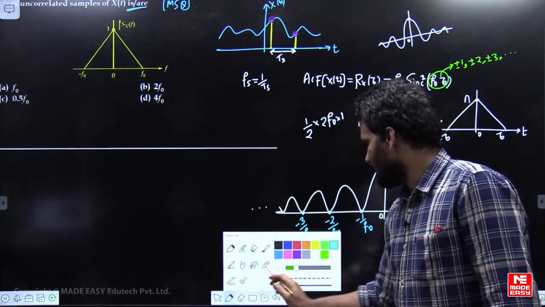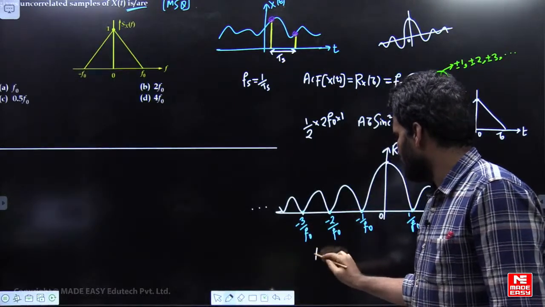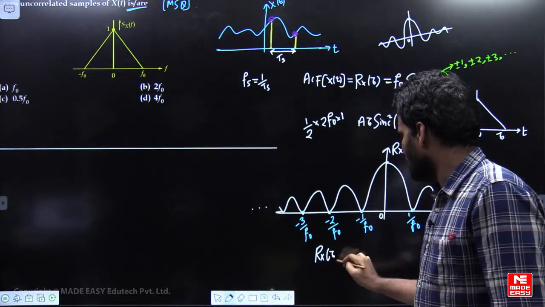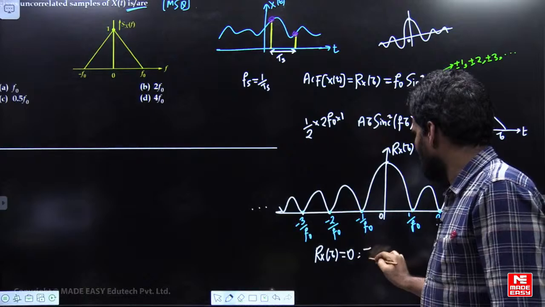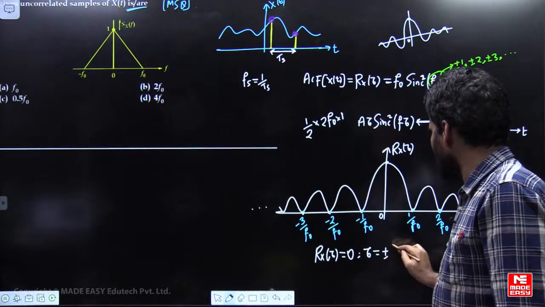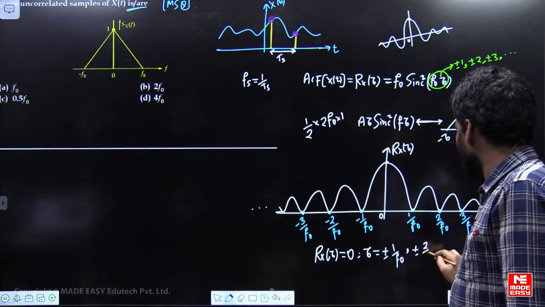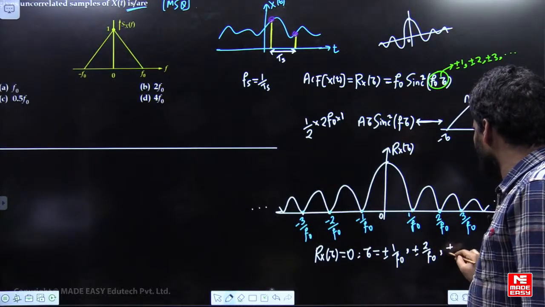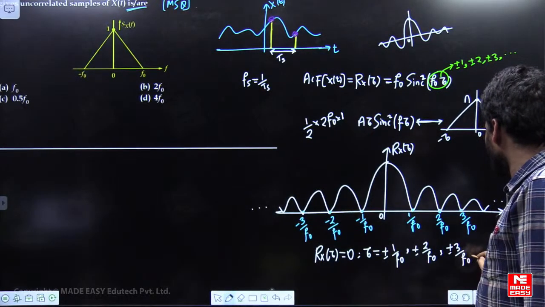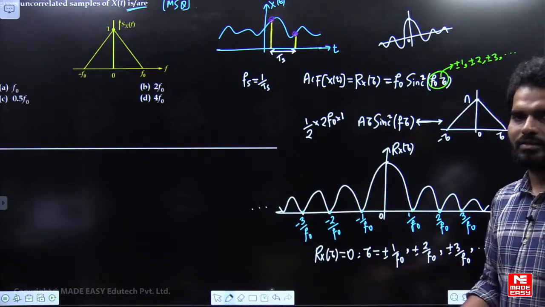So here Rx(tau) is becoming 0 when tau is equal to, I can write, plus minus 1 by f naught, plus minus 2 by f naught, plus minus 3 by f naught, and so on.